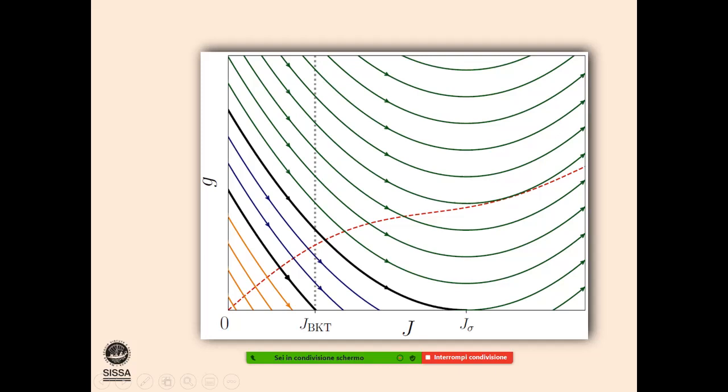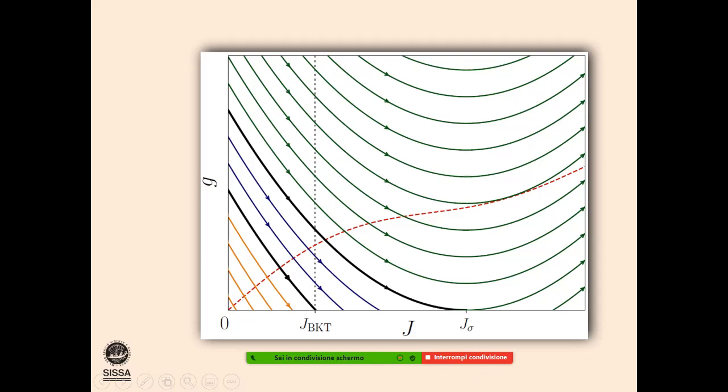physical starting point of the RG flow, that is the dotted red line, we see that for low temperature we are in the ordered phase, for intermediate temperature in the quasi-long-range order phase, and then there is also a BKT transition, and there is also a high temperature phase.